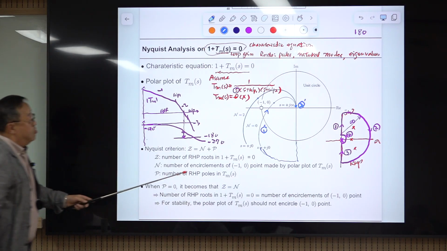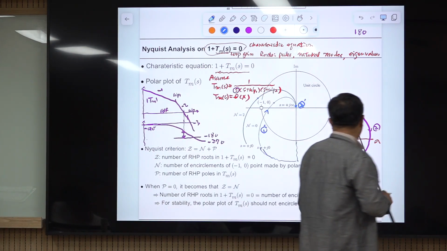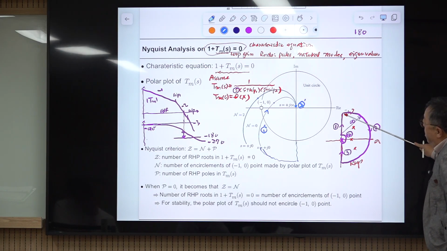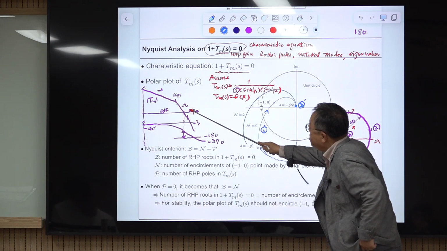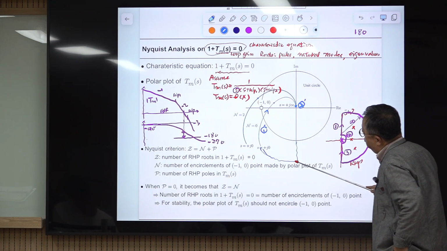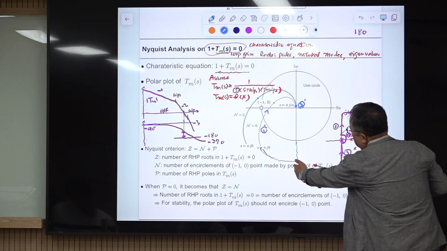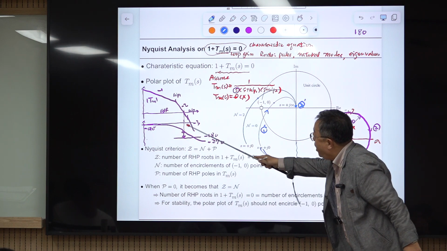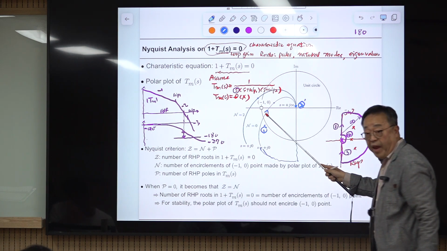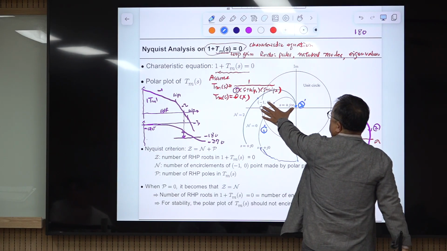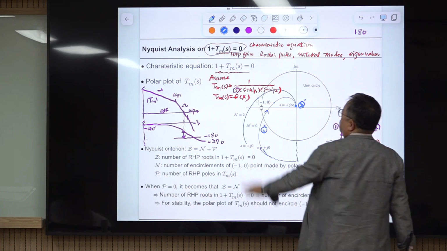Let me repeat. You start here and go out like this, and then you draw the polar plot using this. The polar plot should start somewhere here, and assume it goes like this because there is a positive phase margin, some angle. This is stable because it passes this line segment A.